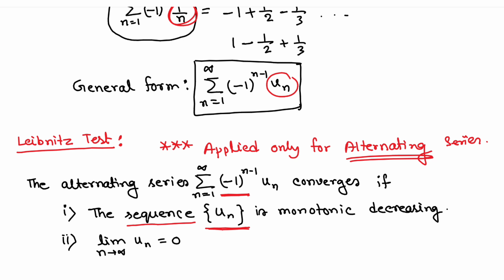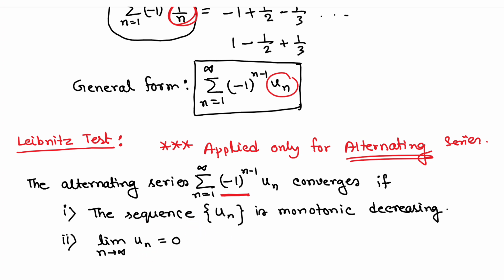So the first condition is that the sequence will be monotonic decreasing. That means if you increase the value of n, the value of un will decrease. Now the limit of un, where un means the nth term of the series, will be 0.